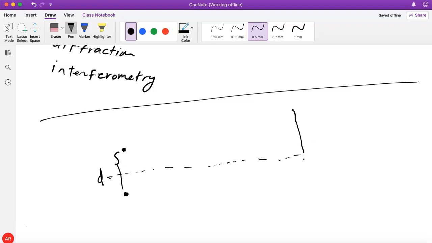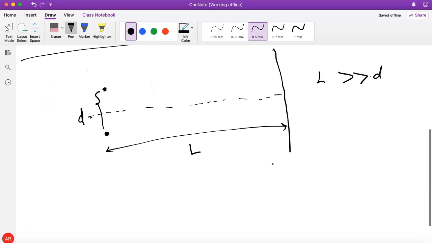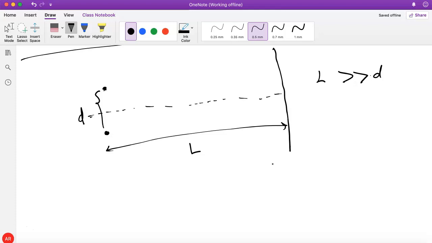And we put a screen here, which is a distance L from the two sources. We are interested in the limit of L much larger than d. A lot of things simplify in that limit, and we're going to find very compact expressions.